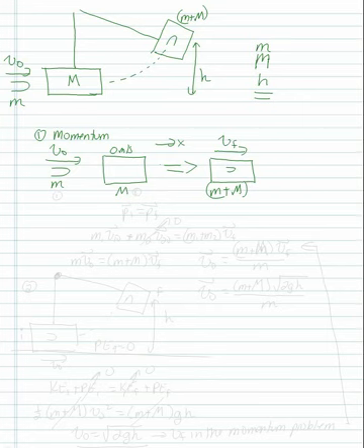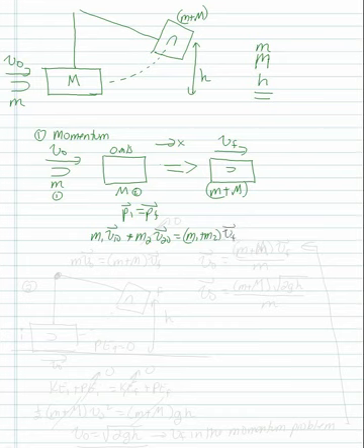Well, let's write our equation. Pi equals Pf. And in general, what would we have? If we call this one object 1 and object 2, we would have an equation that looks like this. M1 V1 initial plus M2 V2 initial equals M1 plus M2 times V final.